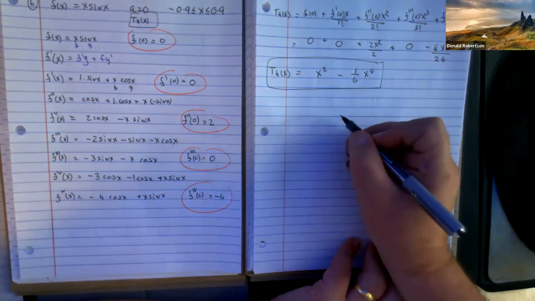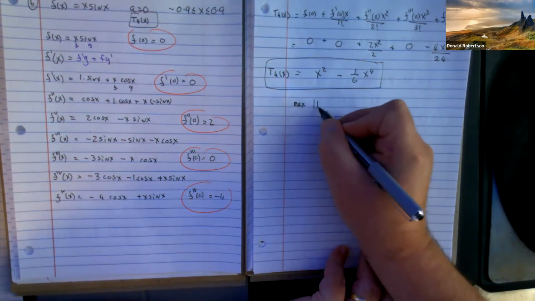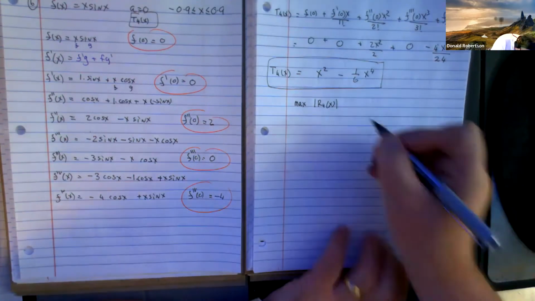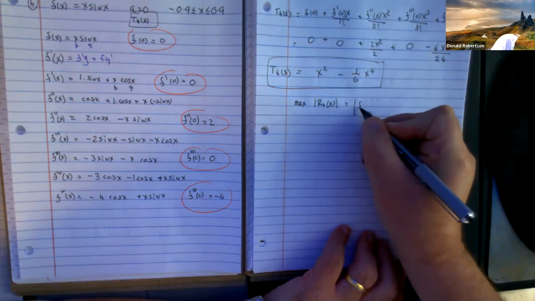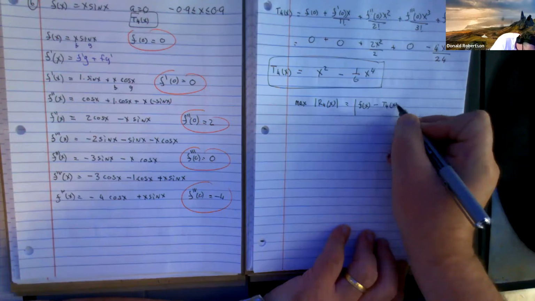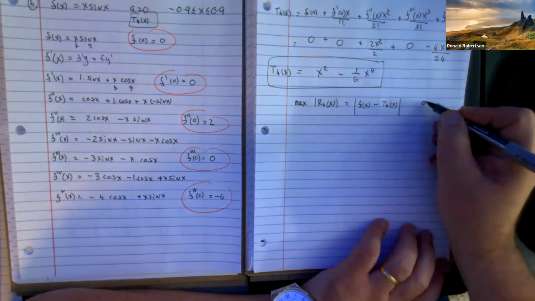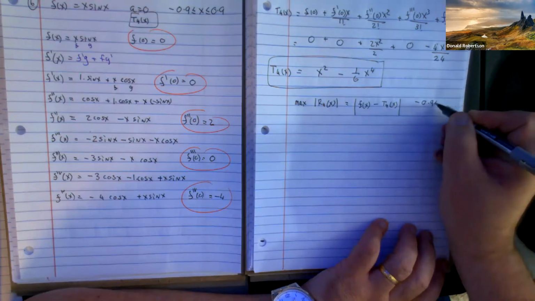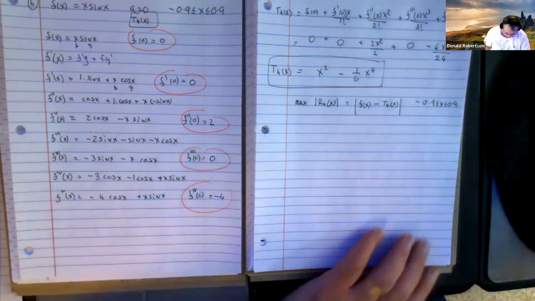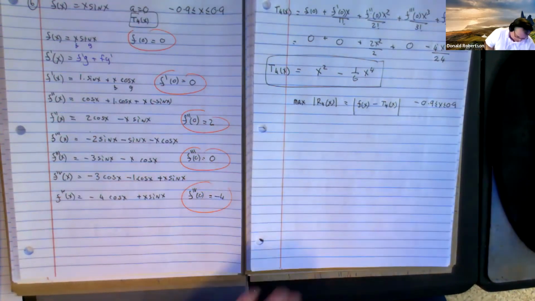Now, we are interested in finding the maximum value, right, of the error, that guy. So we're going to find the value of the function, and we're going to take away T4 of x, and whatever the biggest answer we get for values of x in the range negative 0.9 to positive 0.9, whatever the biggest answer we get is the maximum error.